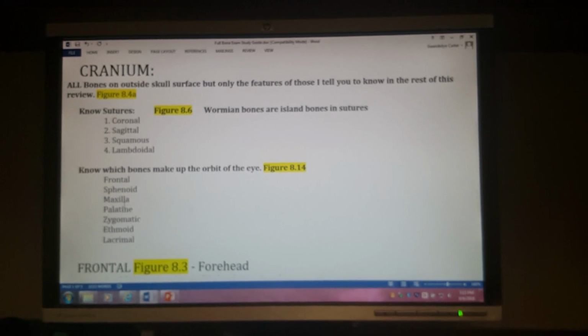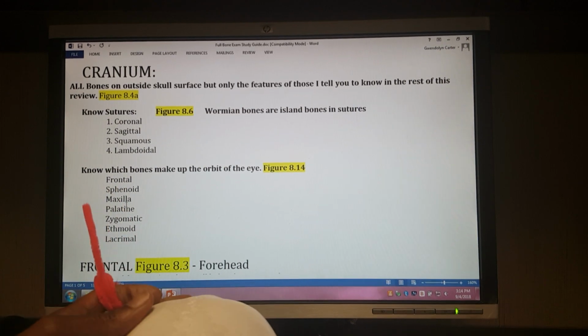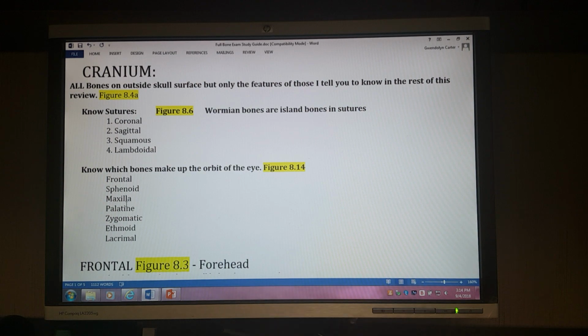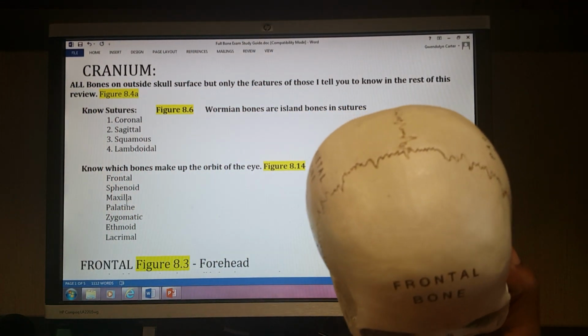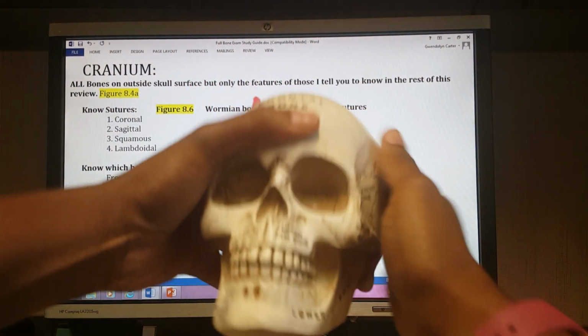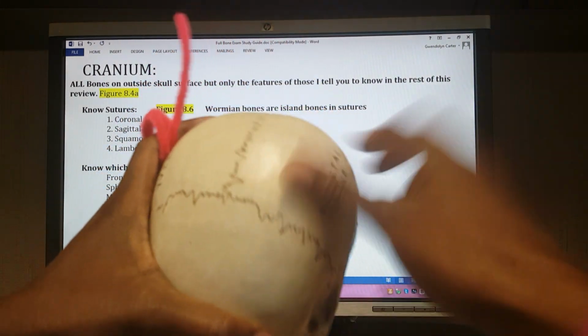knowing the sutures. There we go. So on the top of your skull, when you have a baby and when they're coming out of the birth canal, let's do it with my little cheap one here. The skull isn't whole, so in order to help squish the baby's head so it can get through the birth canal, all these bones aren't one big solid structure.